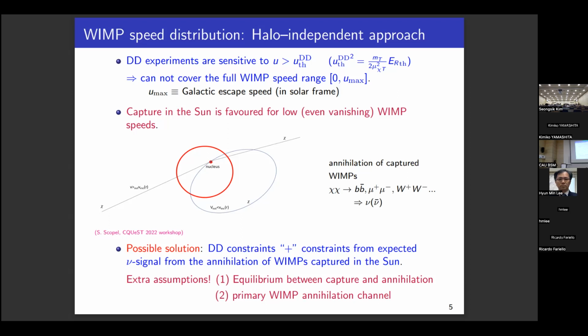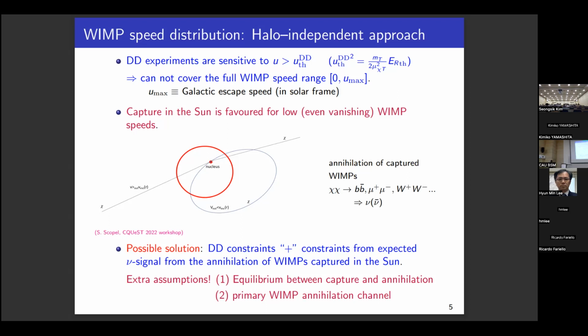After being captured, these WIMP particles continue to scatter against the nuclei inside the Sun and ultimately settle inside its core, where they can annihilate to various standard model particles and ultimately give a neutrino flux, which can be observed through neutrino telescopes.